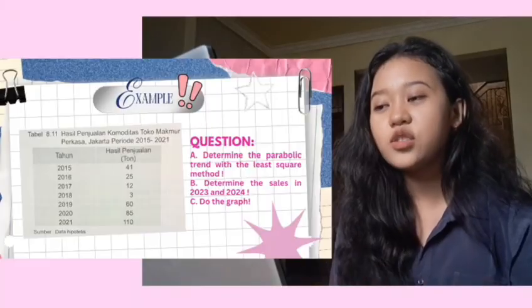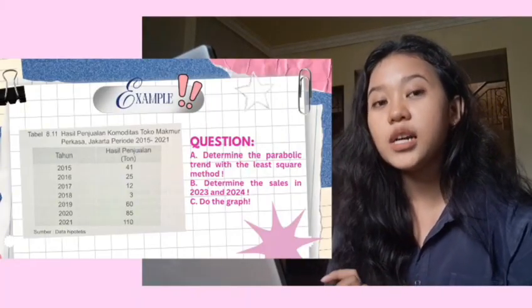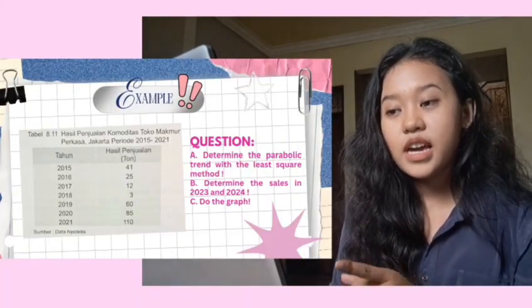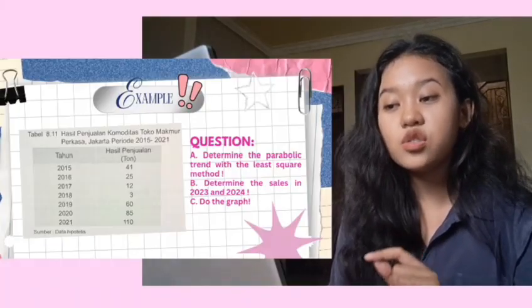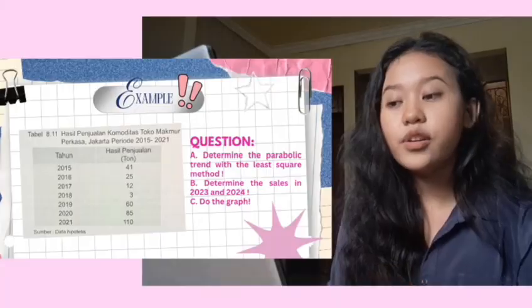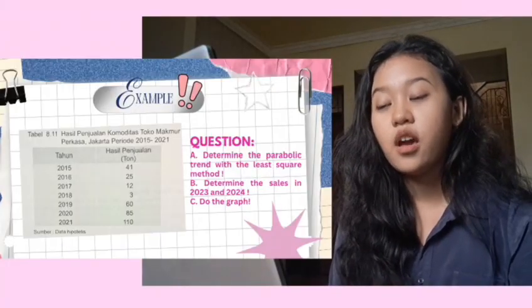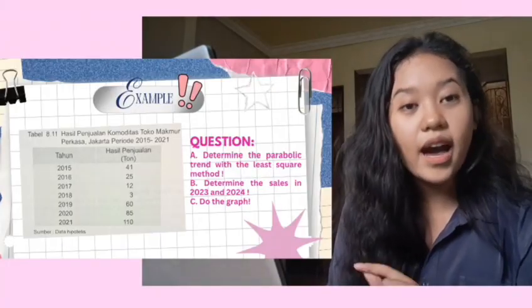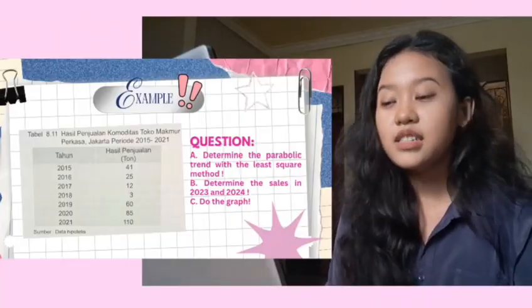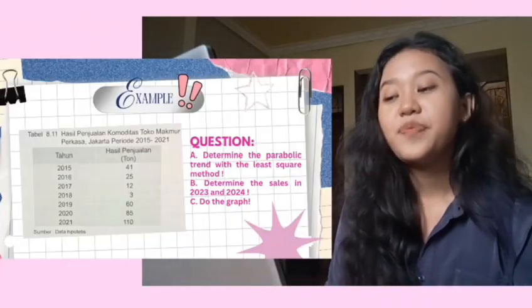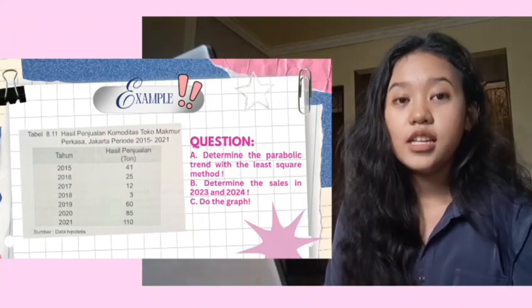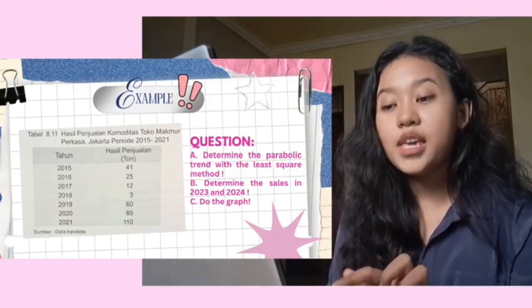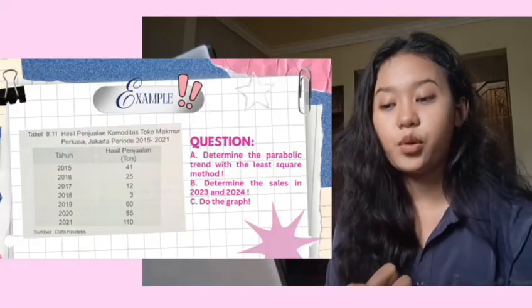So, to answer these questions, we need to make a complete table. Because in question A, we need to find it with the least square method. And we already know that if we want to use this method, we need to find the sigma yi, the sigma xi, sigma xi and yi, and also sigma xi squared. So we need to find those data by making a complete table.